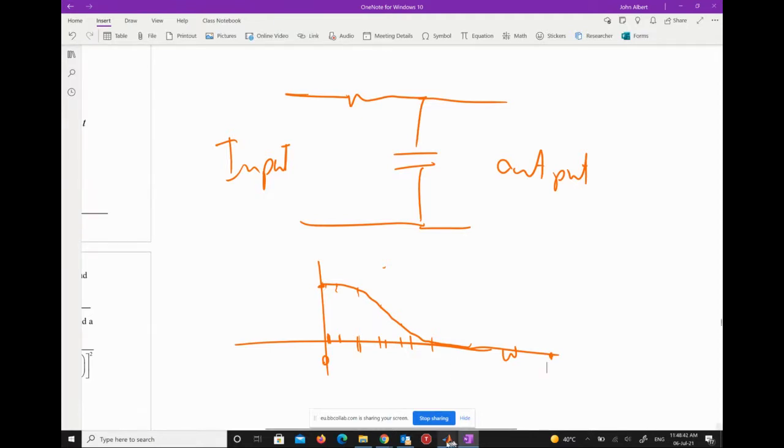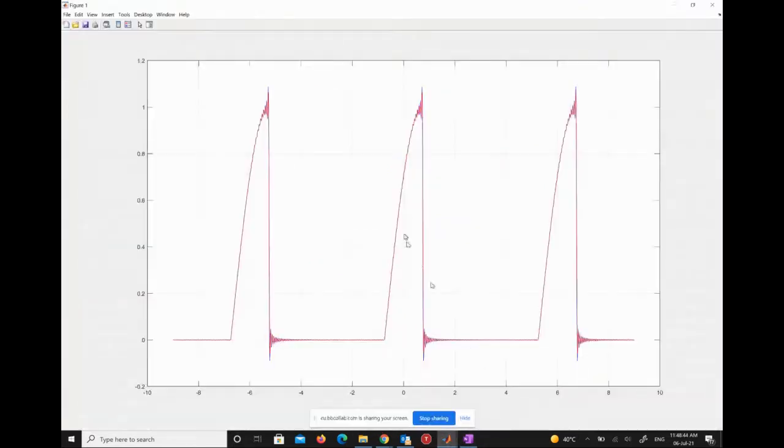Now, I took that signal, the blue one, and I put it into that filter. I simulated it, basically, and what I'm doing is simulating the effect of that filter to produce the red one for you. Then I'm slowly increasing the frequency, basically reducing the period of this signal.